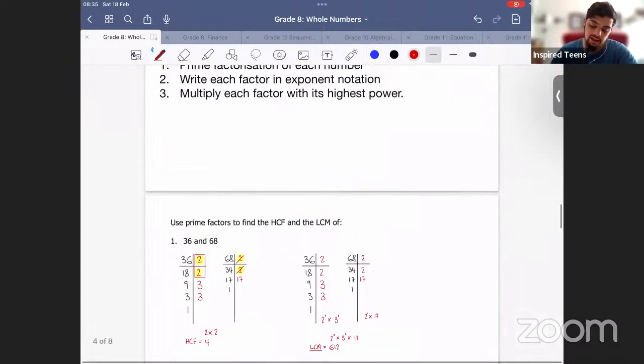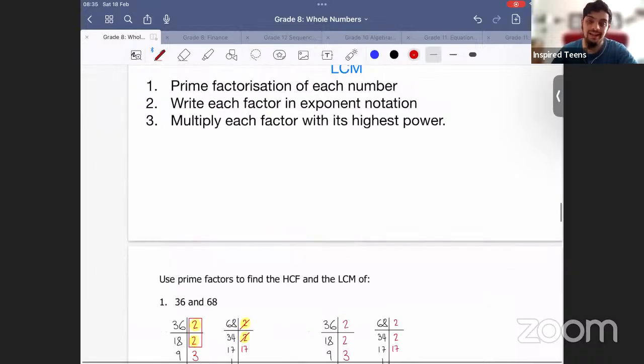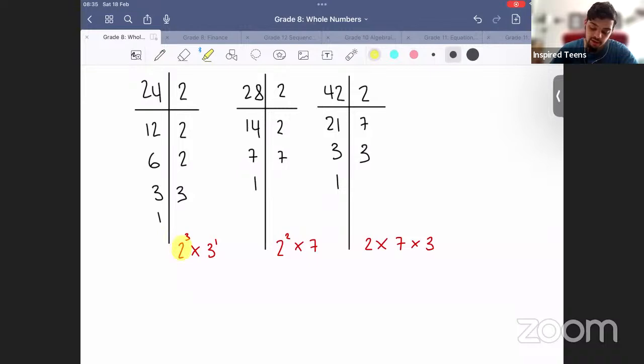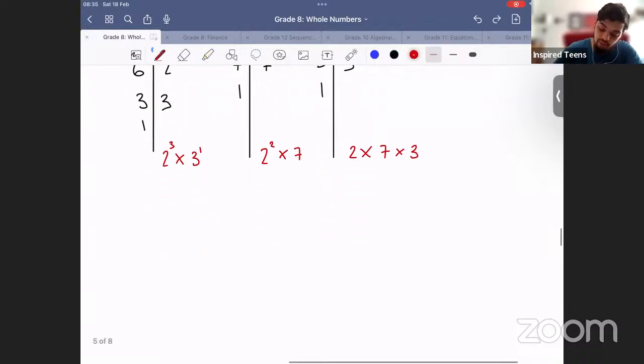Step 3 tells us multiply each factor with its highest power. So in this case, I have actually 3 different factors, 2, 3, and 7. So I need to multiply the highest exponents. The highest exponent for 2 is actually 2 to the 3.